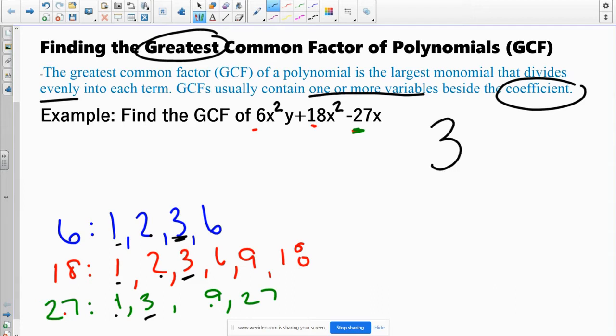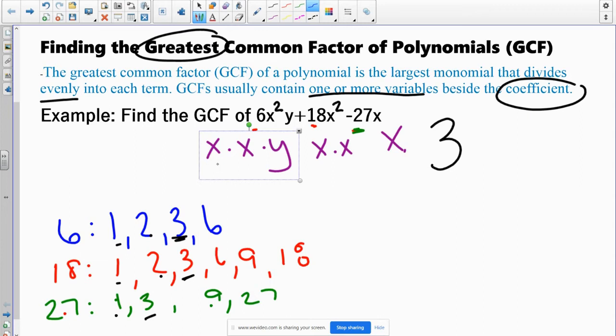I'll write a big 3 there. Now you have to look at the variables. On this first term, I have an x and an x and a y, if I write it out. In this one, I have 2x, so I have an x and an x. And then of course the last term has only an x. So what do they have in common? It's the greatest number of variables they have in common.